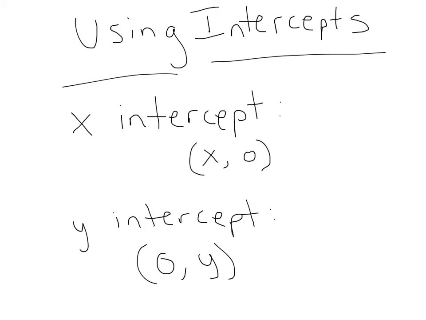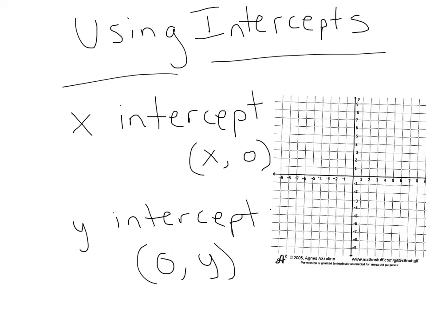So what does this look like? Well, on a graph, an x-intercept, again, takes the form wherever it lies on x, 0, because if you're on the x-axis, the coordinate has a y value of 0.